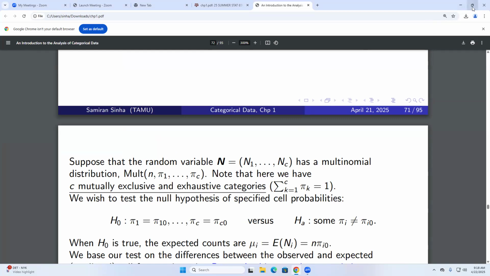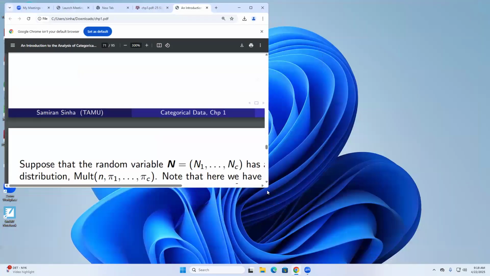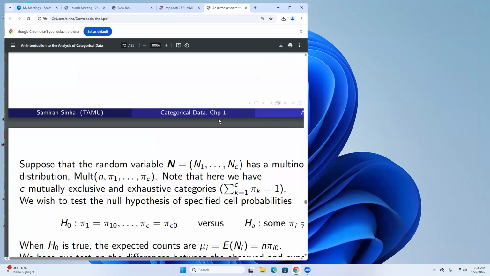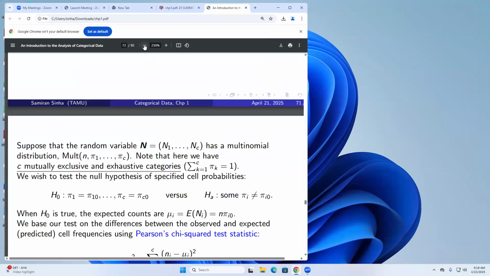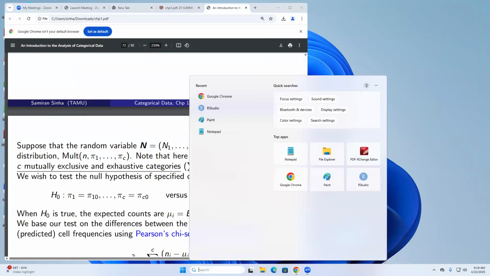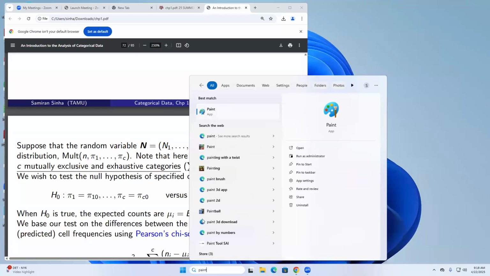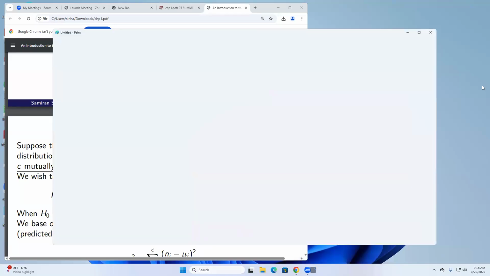This screen is okay. Now let me try dividing the screen into two parts. One part, and another part I'm going to open Paint where I can write things.